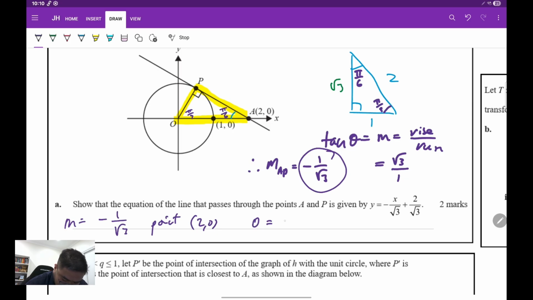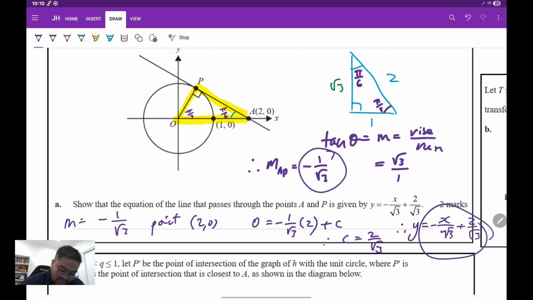So 0 is equal to negative 1 on root 3 times 2 plus c. Therefore, c is equal to 2 on root 3. Therefore, y is equal to negative x over root 3 plus 2 on root 3. And we have shown our tangent line that way.